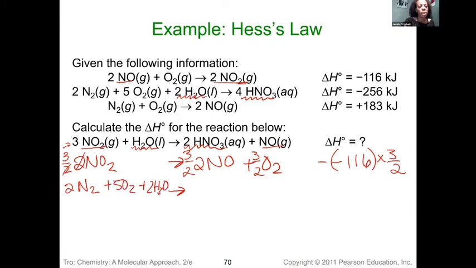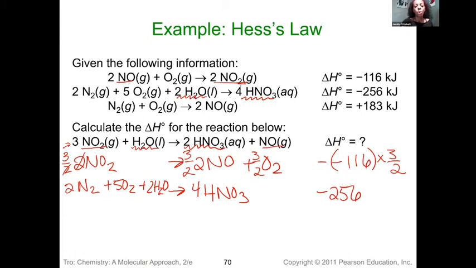And I'm omitting the physical states simply because I need to be able to balance this out and have some space, but you would want to pay attention to those physical states as well. Okay. And so since I did not reverse it, I would keep it at negative 256, no adjustment to the sign. But what we do notice is the amount is not correct.